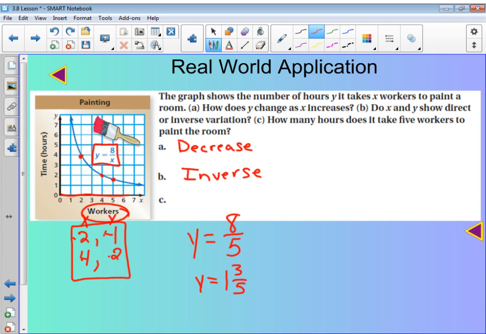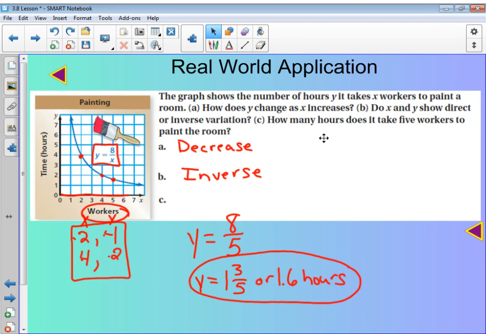So 1 3/5 hours, which would be the same as 1.6 hours, either of those would work. That was working to get Y by itself, which we had already done. We said it would fall between 1 and 2 hours, but they wanted the exact amount. So it would take a little over an hour and a half for those 5 workers to paint the room.